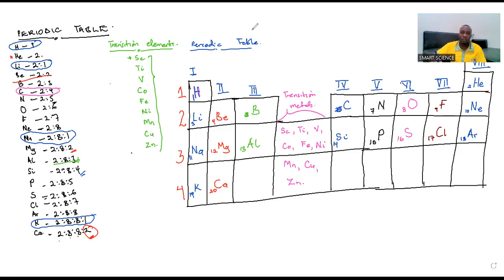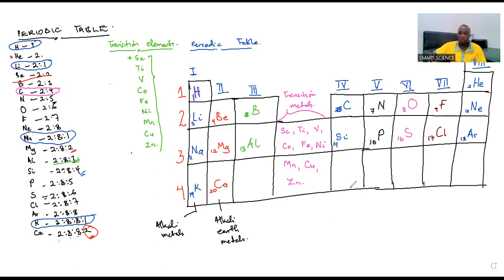Majority of these metals have specific names. If you belong to group 1, we call you alkali metals. If you belong to group 2, we call you alkali earth metals.